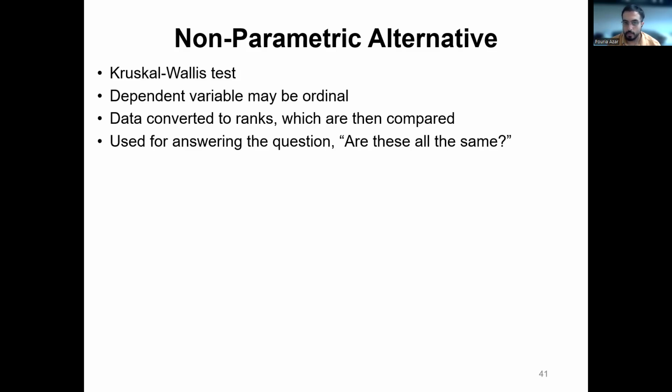If the assumptions are violated in some way, we can use the Kruskal-Wallis test. So remember, before running one-way ANOVA, you have to test for the independence of observations, the normal distribution of the residuals, and the homogeneity of variance.